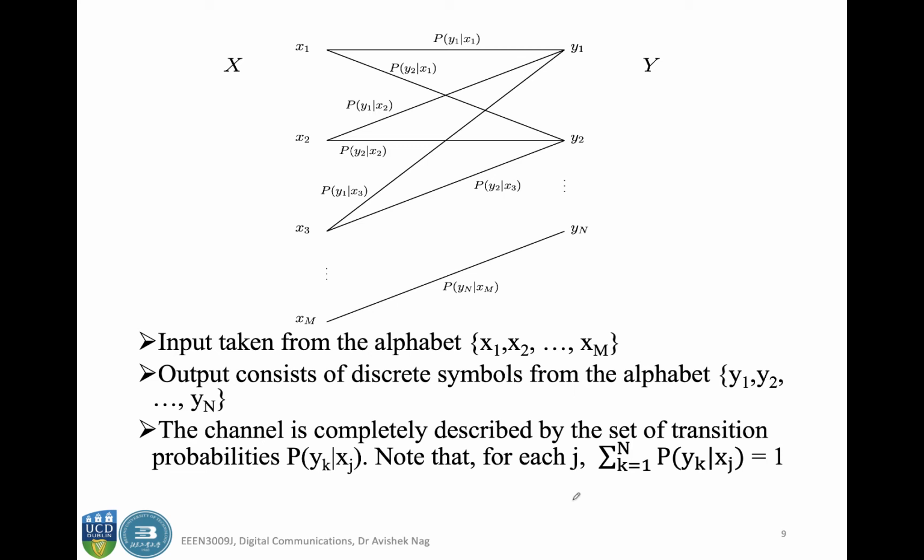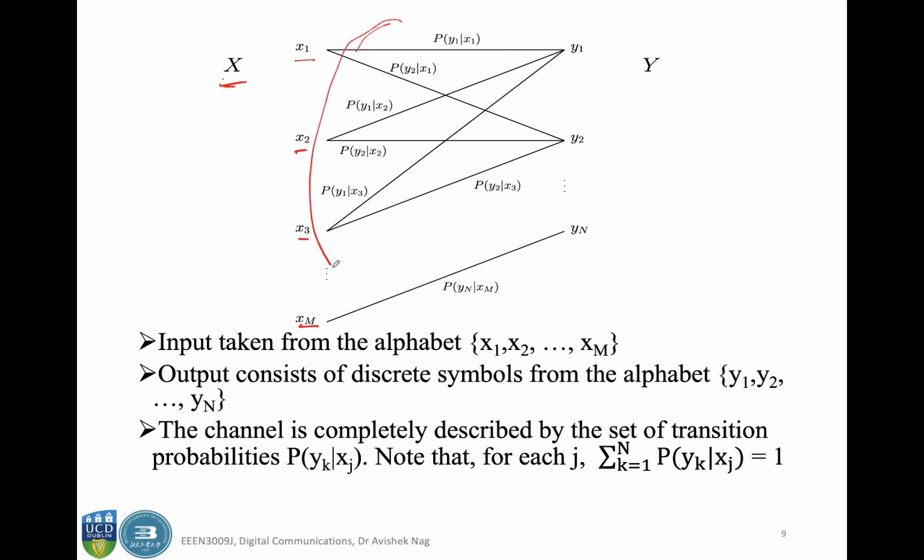So the input is defined by a set capital X, which contains different values x1, x2, x3 up to xm. So it's an m-valued alphabet. This can be ones and zeros, this can be A, B, C, D, just like the English alphabet. This can be any value. So x1, x2, x3 up to xm are communicated through this channel which lies in between.